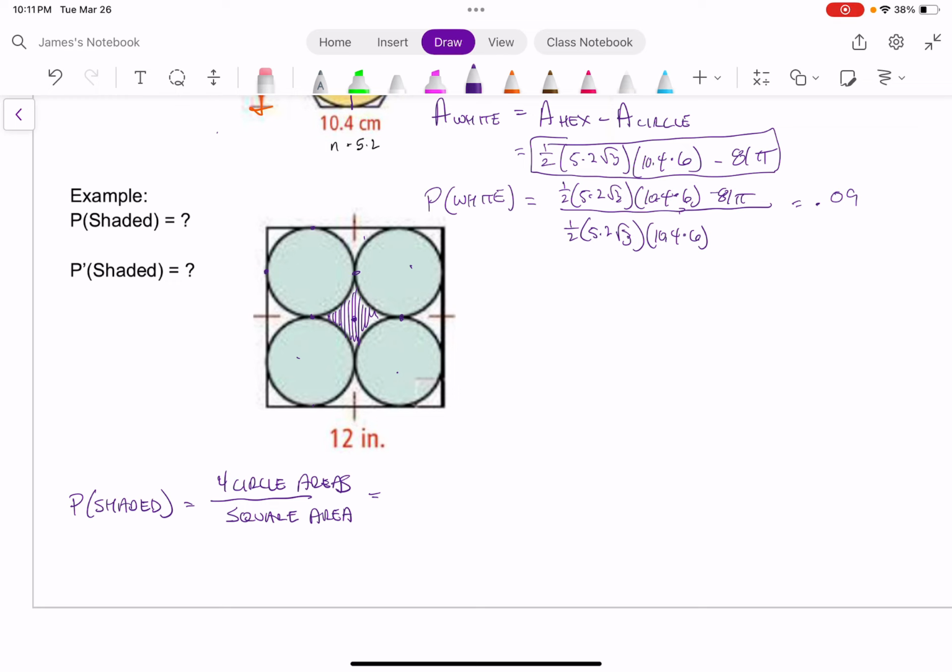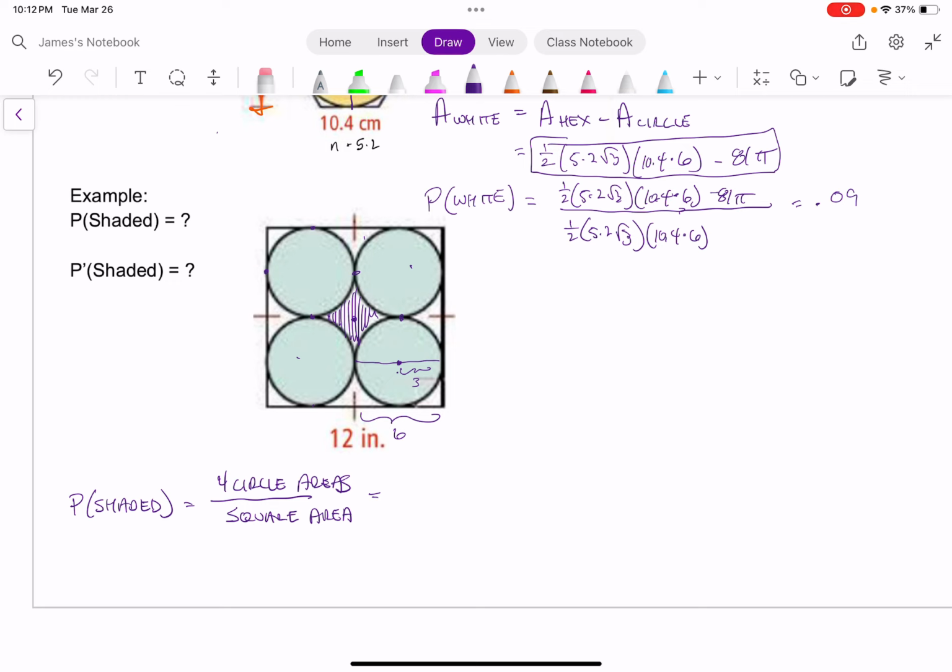Well, these circles, I'm going to tell you right now, they're all the same size. So if the whole side length is 12 inches, that's got to be 6 inches. And that's the diameter of that circle. So then the radius of that circle would be 3.